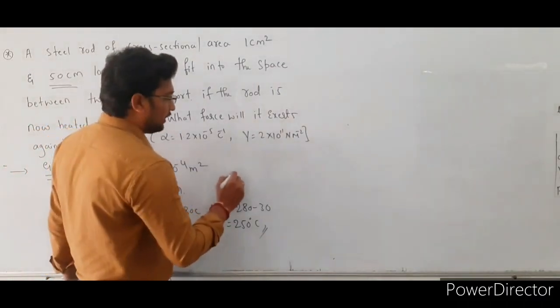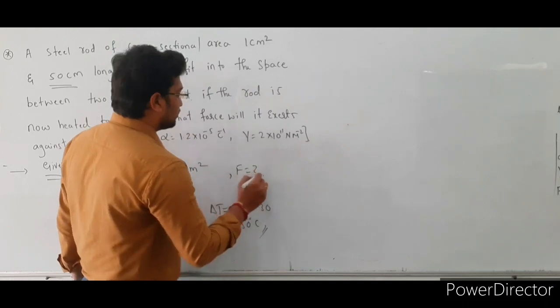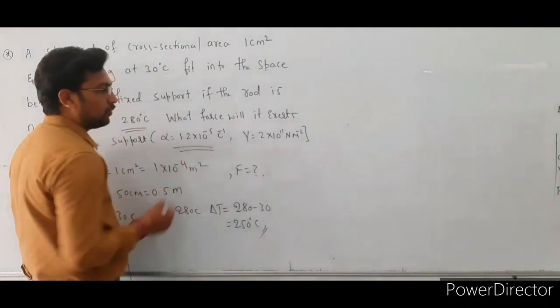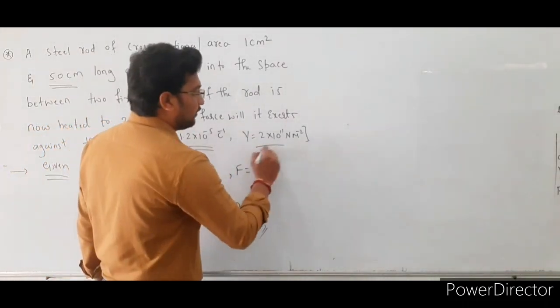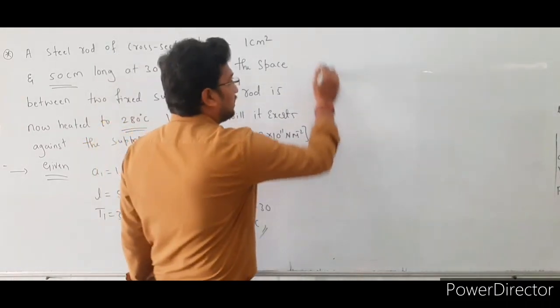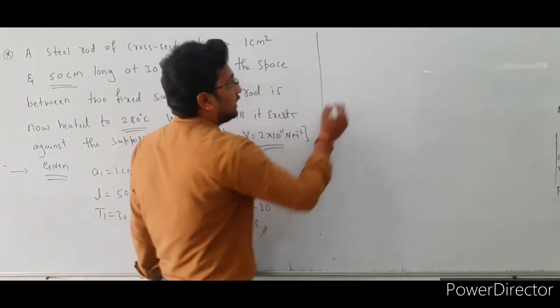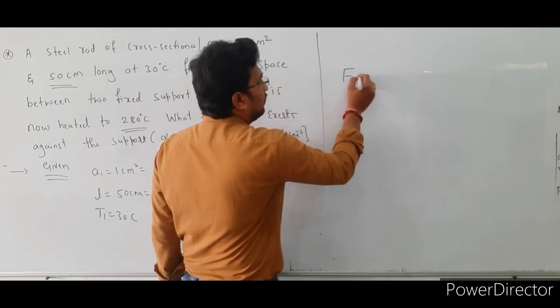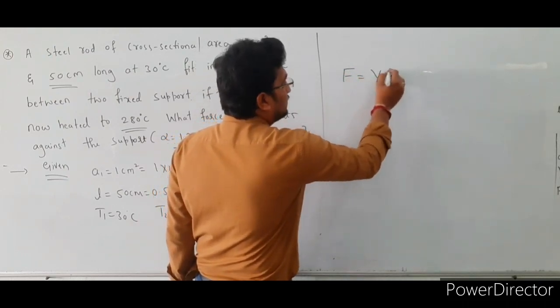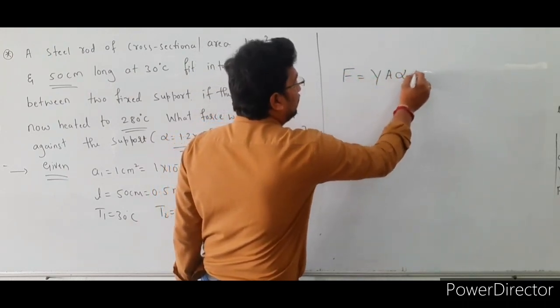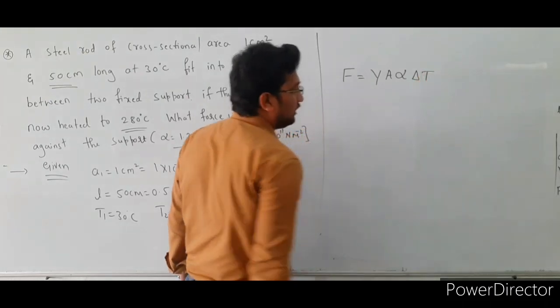The next one, what force will be exerted against the support? So we have to calculate the force value. The alpha value is given as 1.2 and the Y value is also given, right? So what is the formula we use to calculate the force here? That formula is force is equal to Young's modulus into area into alpha into change in temperature.